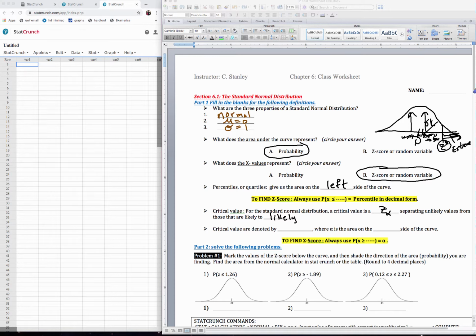I'm just going to change this around. This probably should say z-score. And it's denoted with the z with an alpha, where alpha is the right side of the curve. So I'll show you where alpha is on this curve.